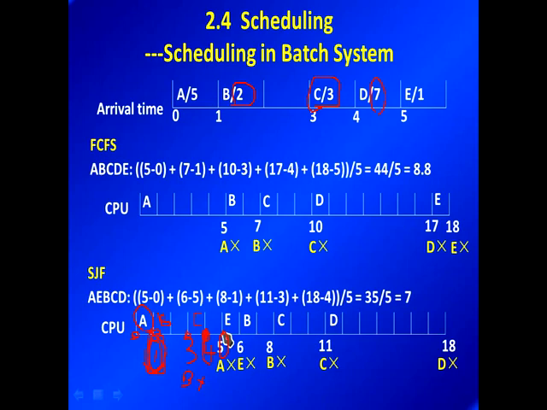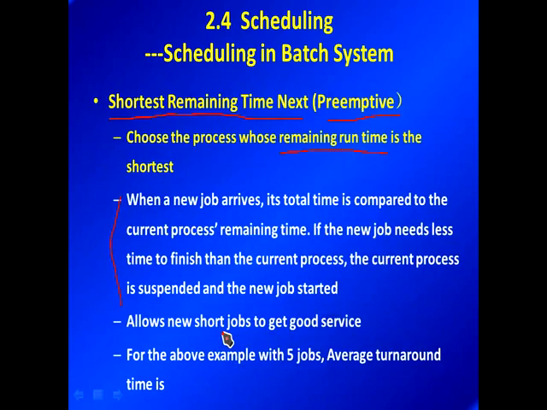So you can make different choices here: let the new one start to use the CPU, or just let C continue to finish its job. It's up to the operating system.